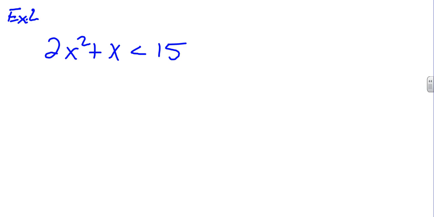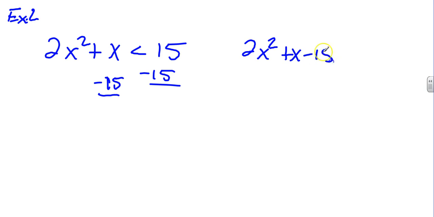All right, very first thing with this one is it's not equal to 0. So the very first thing you want to do is move that 15 over here so that this is equal to 0. I'm right against the bottom of the page, so let me rewrite that over here.